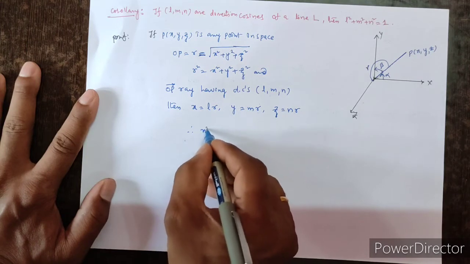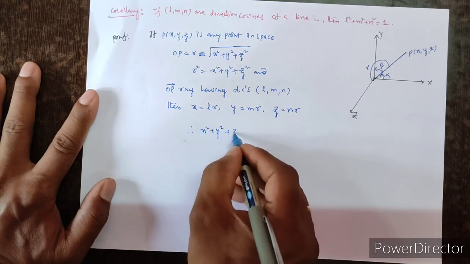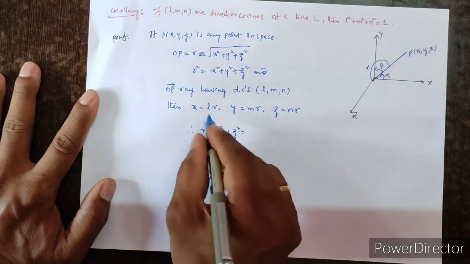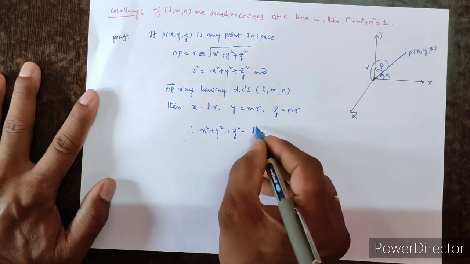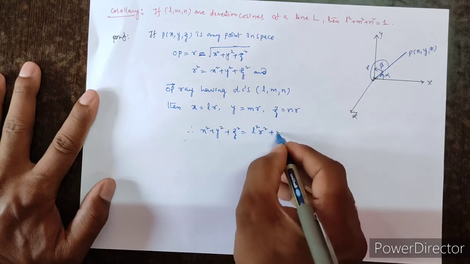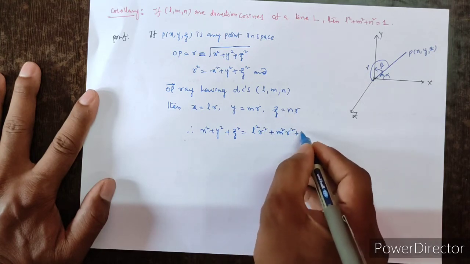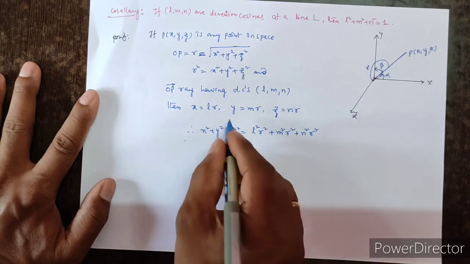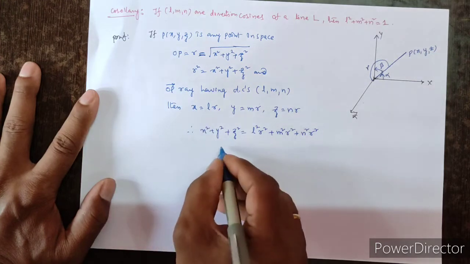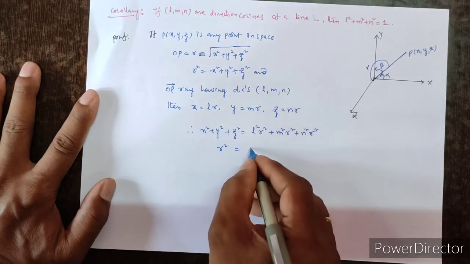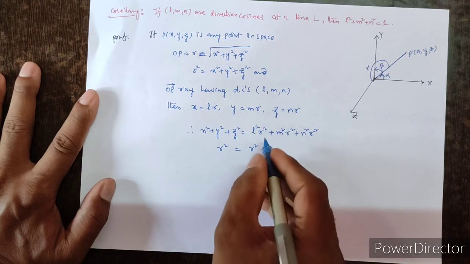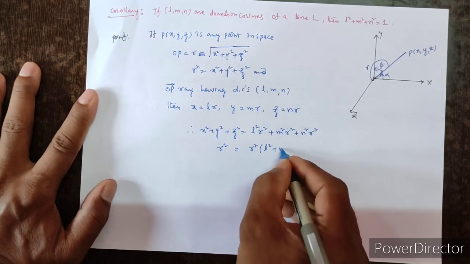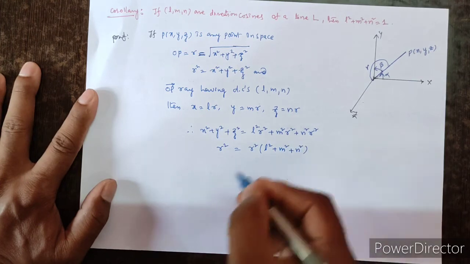Therefore x square plus y square plus z square is L square R square plus M square R square plus N square R square. Here all terms have R square, so take the common R square of L square plus M square plus N square.